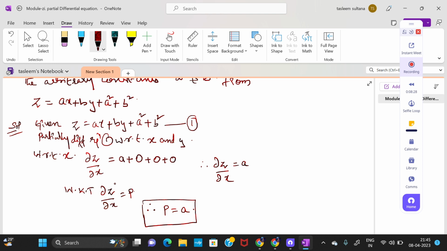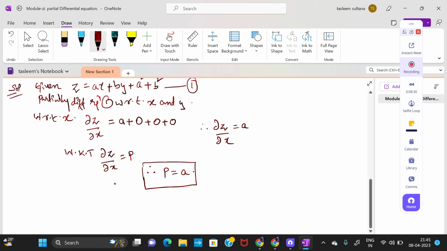Now with respect to y. Dou z by dou y is equal to, from the first term there is no y term, so it's 0. Then the next term has the derivative of y equal to 1, so b. Then a square plus b square are constants, so 0.